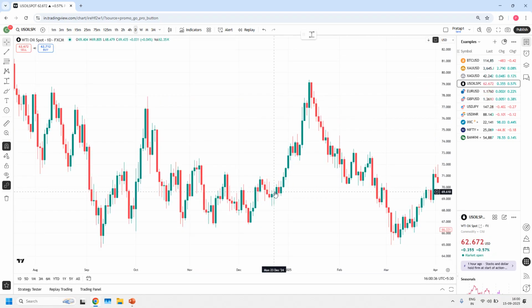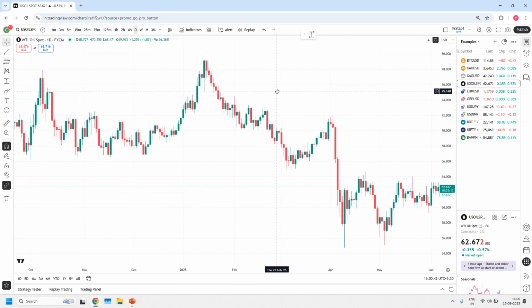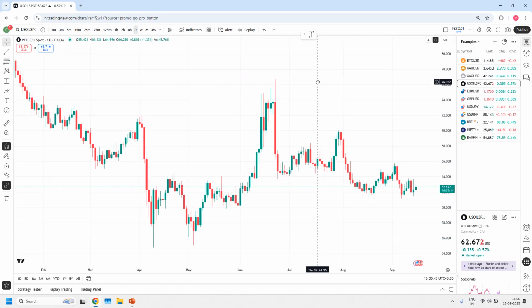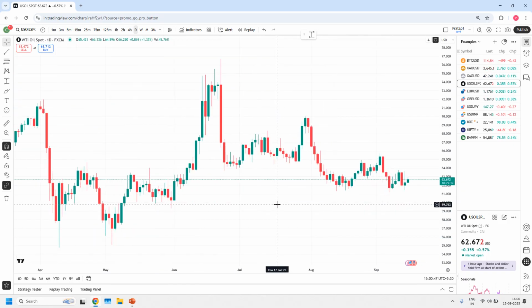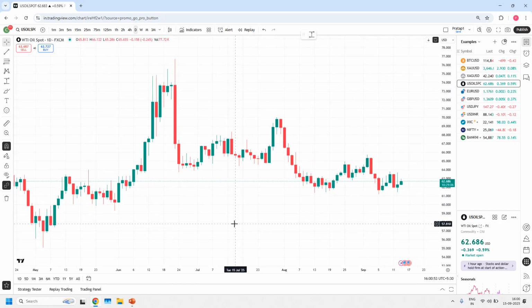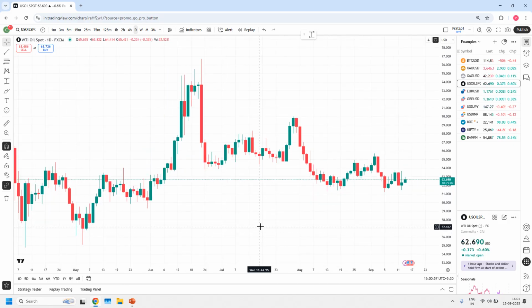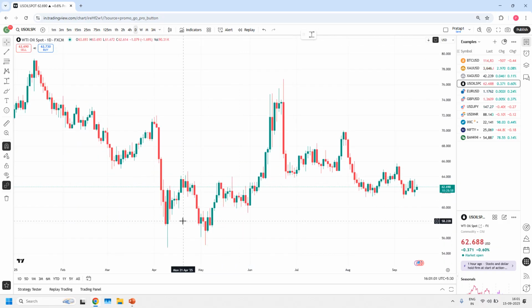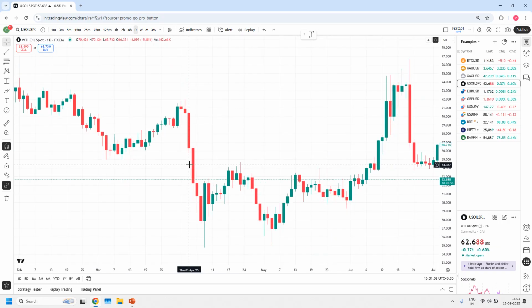You see here, this is crude oil. Yeah, look into this.